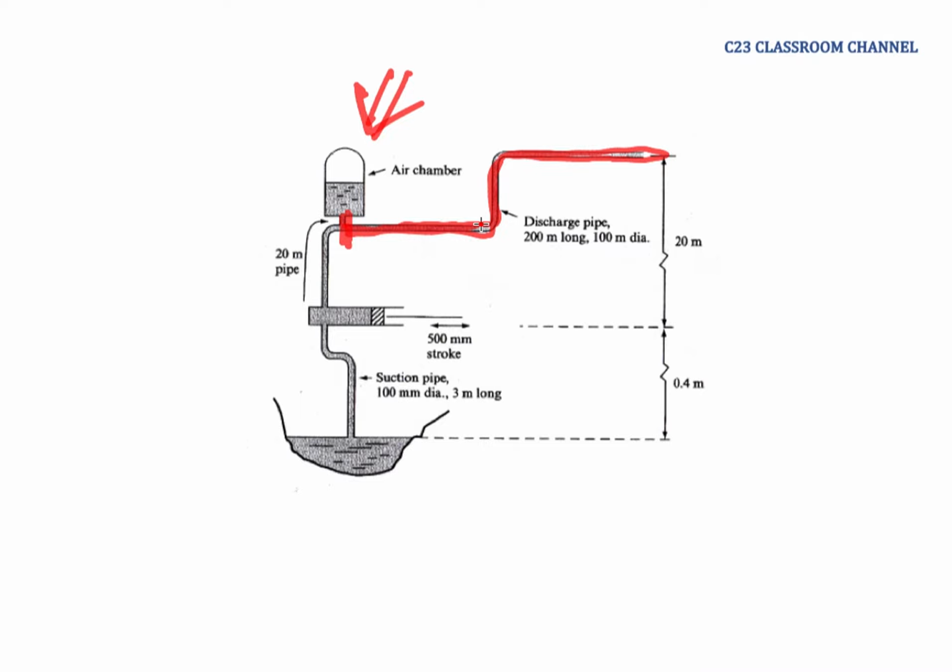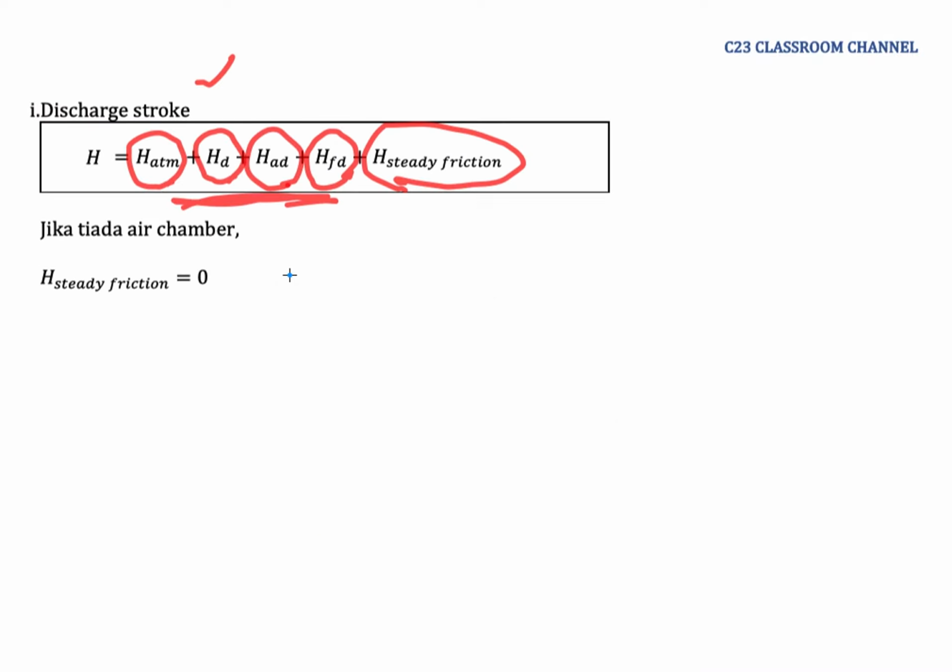Before the air chamber, the flow here is based on the positive displacement calculation. That's why in this calculation I give you two types of friction. One is friction because the flow is still following the sinusoidal pattern, because there is no air vessel on that pipe.